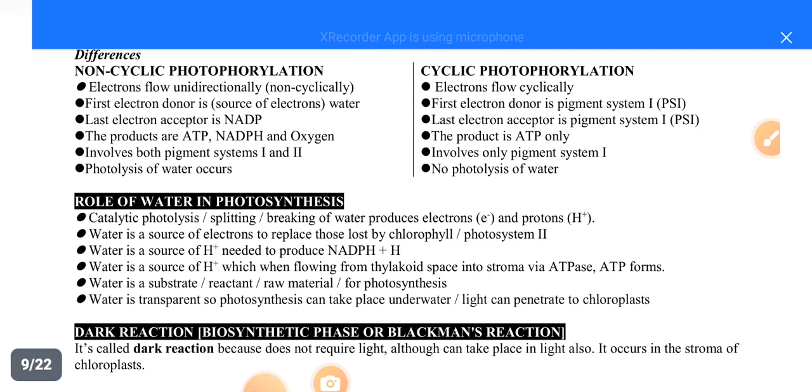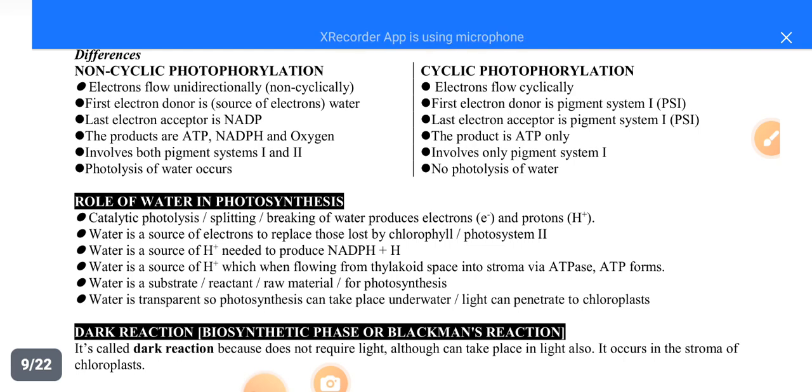Photolysis, in bracket splitting or breaking of water, produces electrons and protons. Water is a source of electrons to replace those lost by chlorophyll or by photosystem 2. Water is also a source of hydrogen ions needed to produce NADPH.